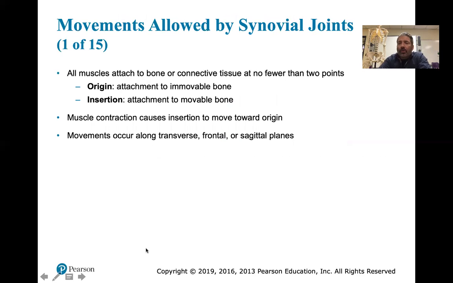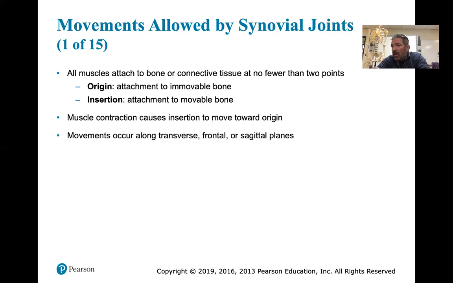All right, so another key point that I want you guys to just remember right now. So just write it down and put it somewhere in that cerebral cortex. All muscles attach to bone. Remember, they attach to bone through the periosteum and the Sharpey's fibers, and connective tissue at no fewer than 2 points. You have to have a connection at least 2 points.